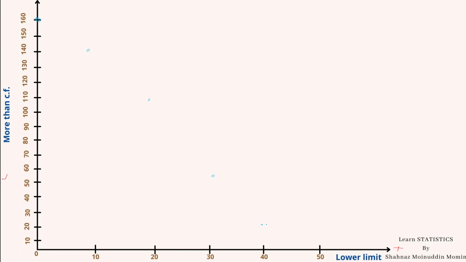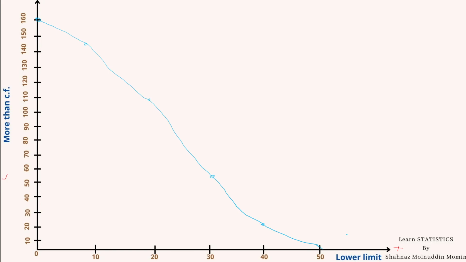Let us join them with a smooth curve. After joining the points with a smooth curve, the curve looks like an inverted S. Note that the curve ends at the upper limit of the last class and y equal to 0, here 50.